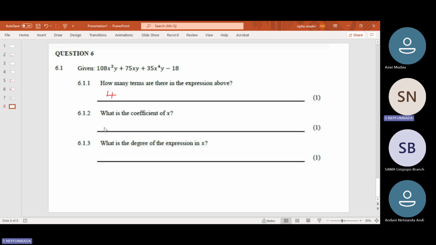They say what is the coefficient of x? You can say x again when they need the coefficient of it. It's 75. You take everything that surrounds x and multiply them.